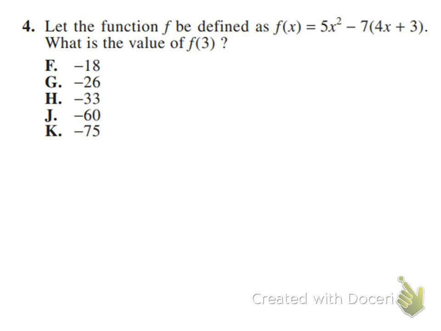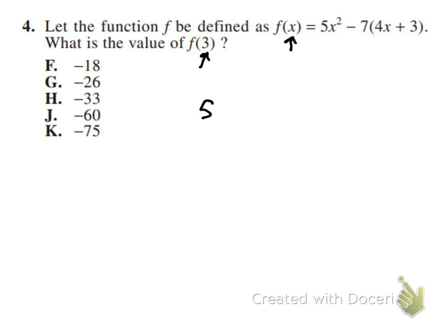Let the function f be defined as f of x equals 5x squared minus 7 times the quantity 4x plus 3. What is the value of f at 3? Or what is the value of f of 3? This is function notation. This is one of those problems where you could use a calculator if you chose to, but we're going to just substitute 3 everywhere there is an x.